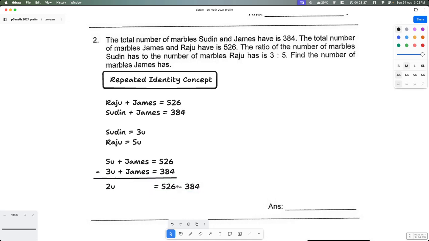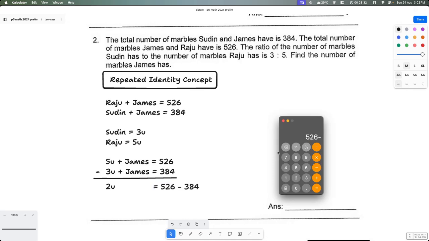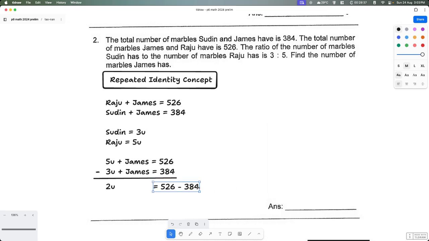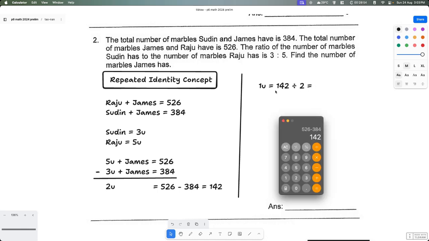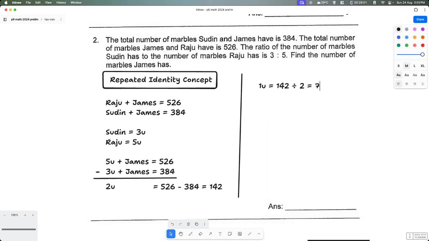So let's use the calculator. 526 minus 384 is equal to 142. So that means 2 units is 142, and 1 unit is equal to 142 divided by 2, which is equal to 71.